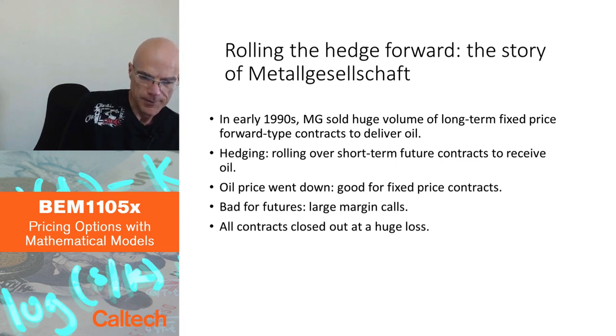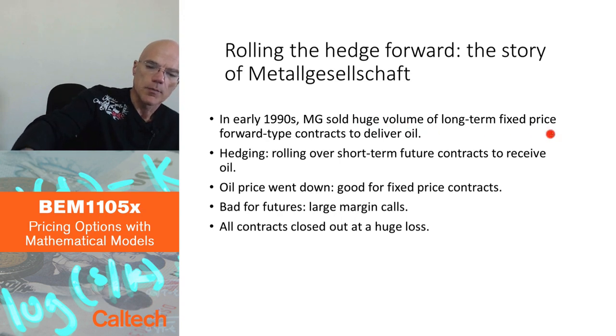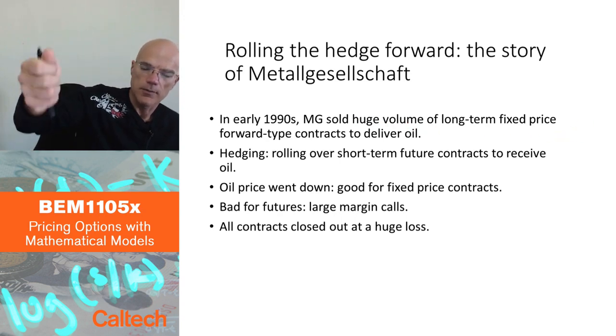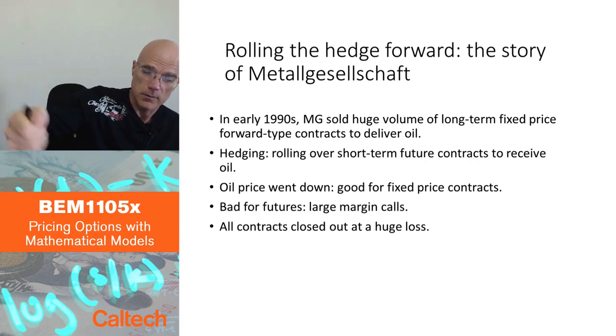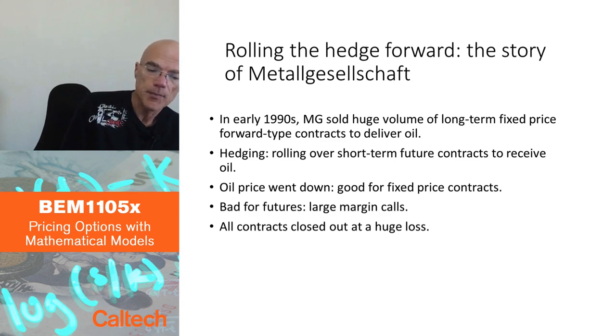However, what happened is the following. The oil price went down quite a bit, which actually is good for their original position, because that means if they have to deliver oil, they can deliver it. The oil is cheap, and it's easy for them to buy it on the market and deliver it.